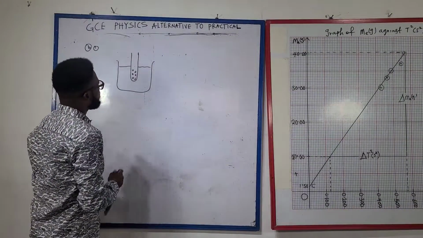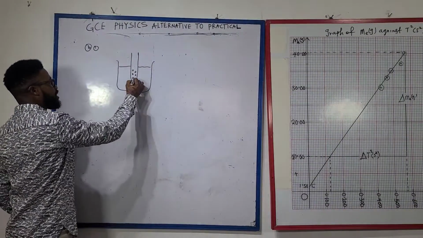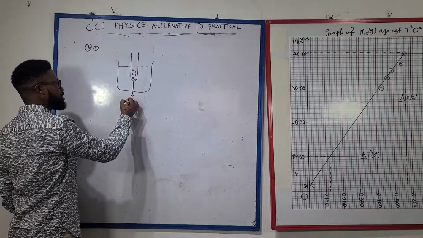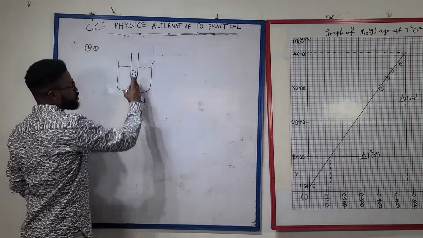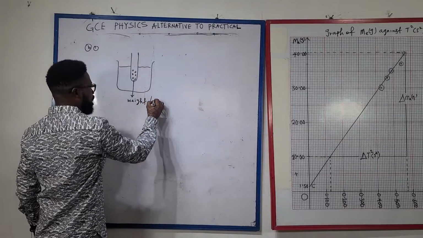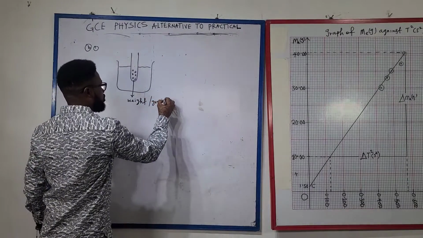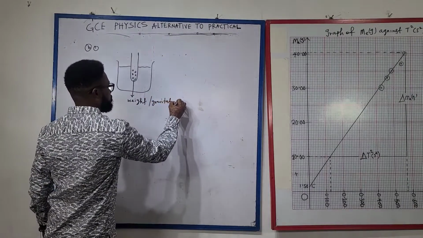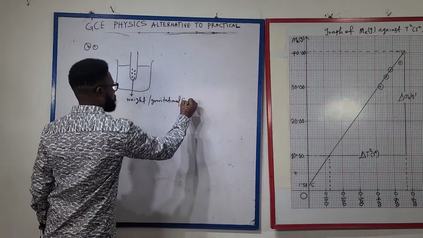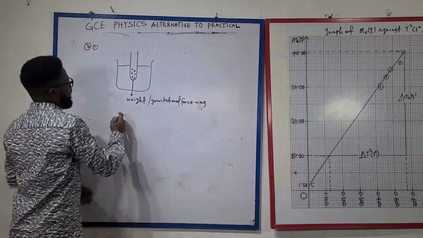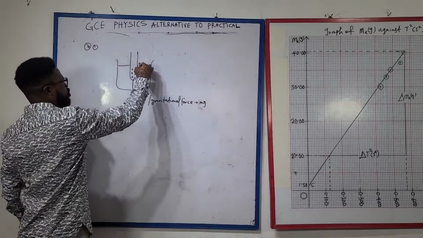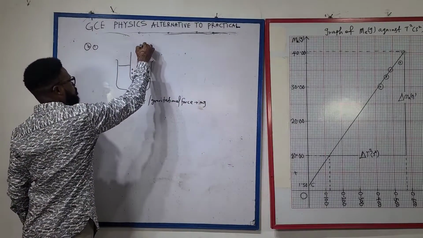So I'm to talk about the forces acting. One of the forces acting here, which we are all conversant with, is first the weight of the test tube and the lead shot. As well, you can call it gravitational force, tagged mg. Another force acting here is what we call upthrust.